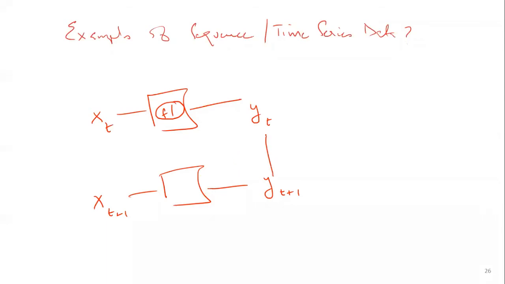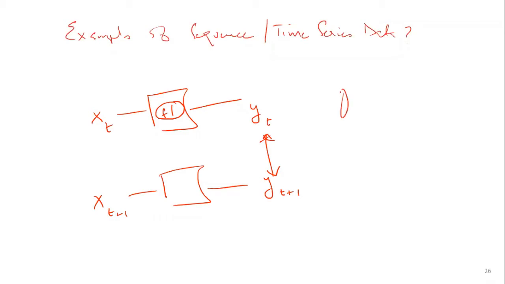Should yt plus 1 have an impact on yt? No, that's counterintuitive because you normally don't go back in time, you're going forward in time. So it shouldn't be this way, it should clearly be this way. So yt should have some impact on yt plus 1. What do you think should be the architecture of this network?